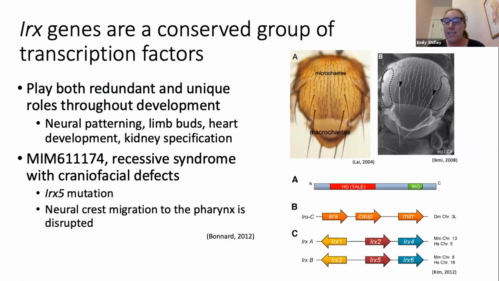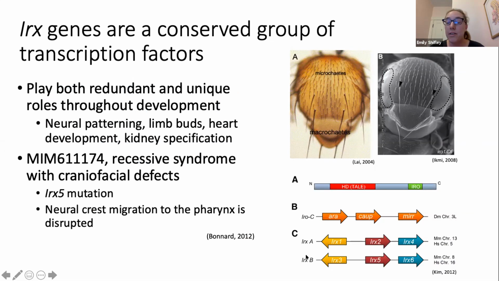Iroquois genes are a group of transcription factors that were originally identified in Drosophila. In mammals, there's three genes in a cluster, so there's actually 6 Iroquois genes. 1, 2, and 4 are on one chromosome, and 3, 5, and 6 are on another chromosome.